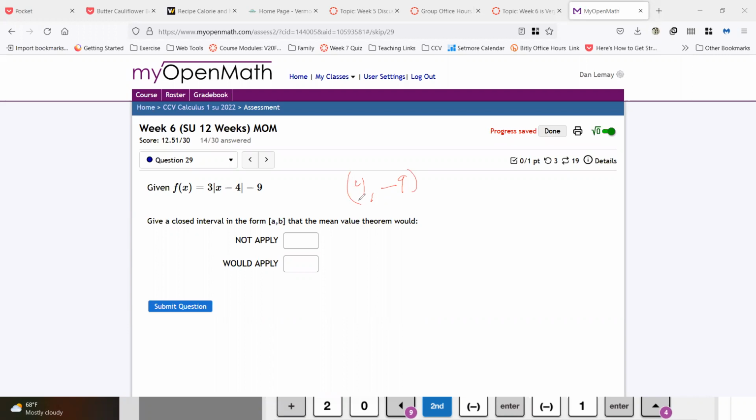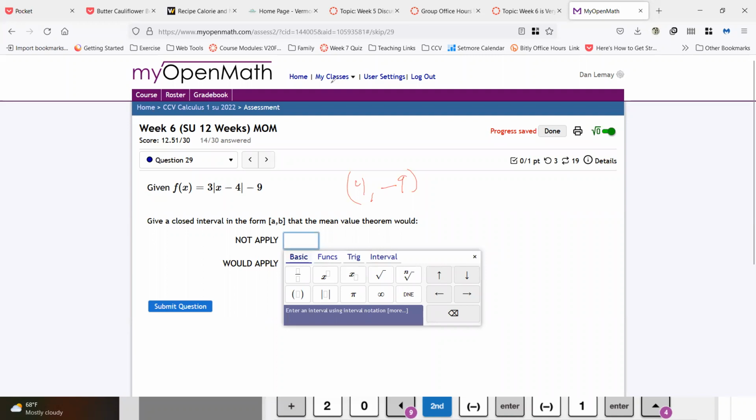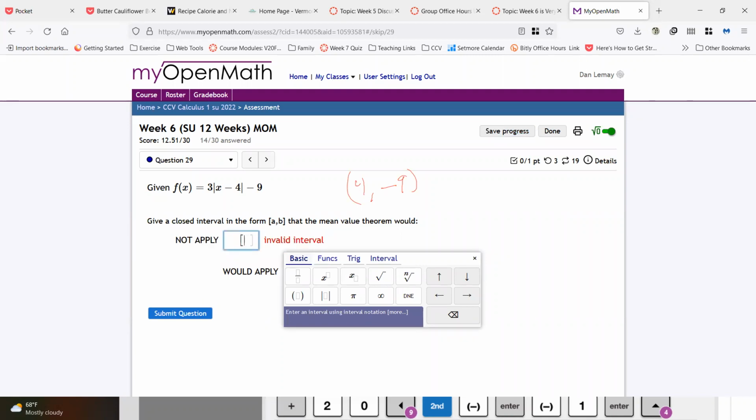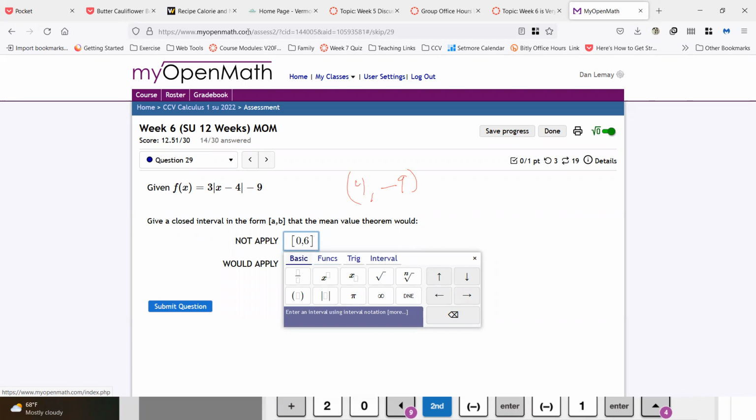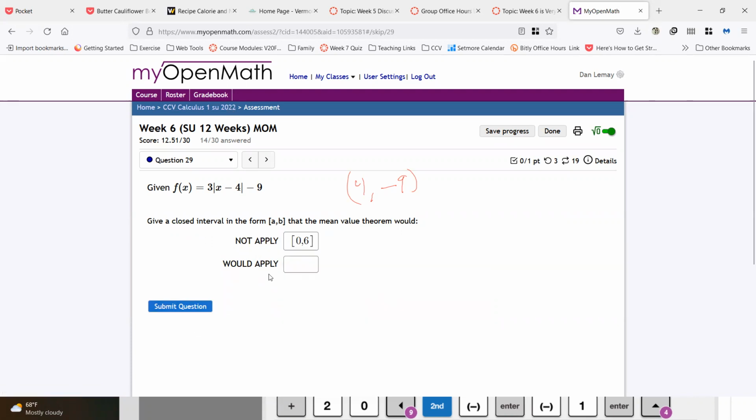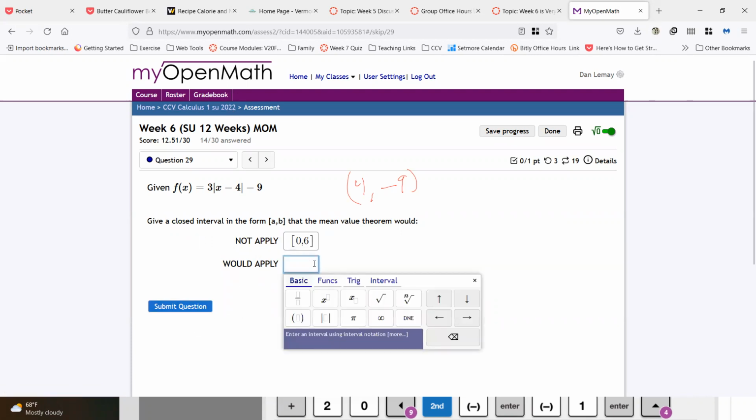So let's see, x equals 4. I don't know, I haven't done this problem. Let's see how they want it. They want closed form. Well, any interval that includes 4 will be wrong. So let's do 6. And when would it apply? Any interval that doesn't include 4.